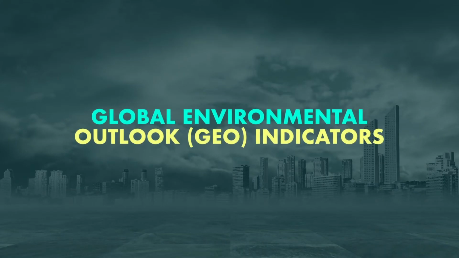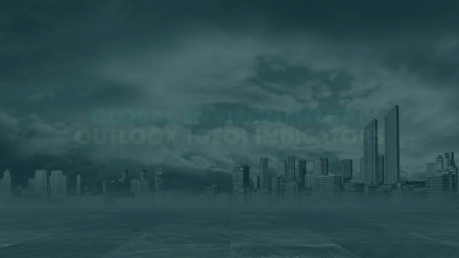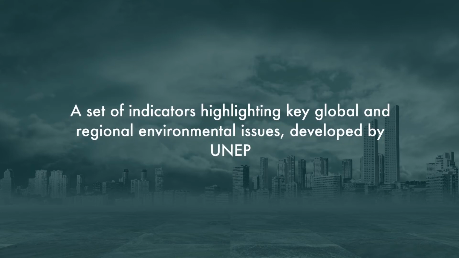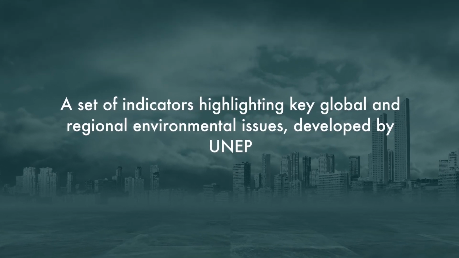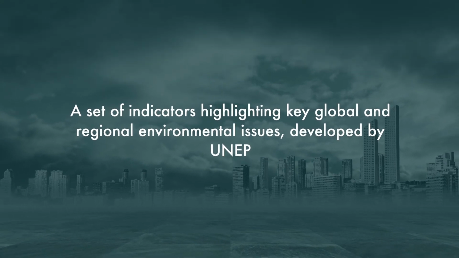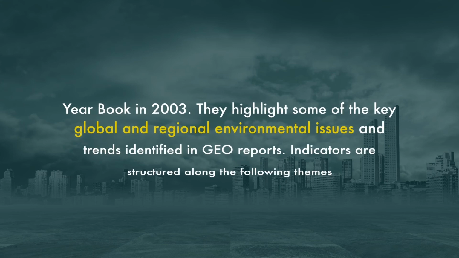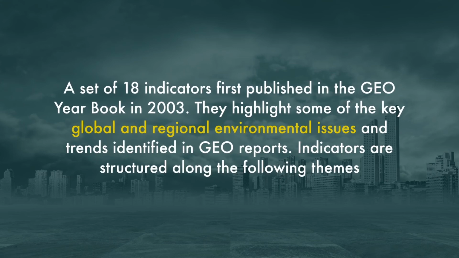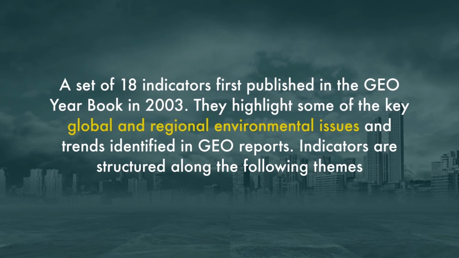The other indicator is the Global Environmental Outlook Indicator. It's a set of indicators highlighting the key global and regional environmental issues, developed by UNEP. It's a set of 18 indicators, which was published in the Global Environmental Outlook Yearbook in 2003.